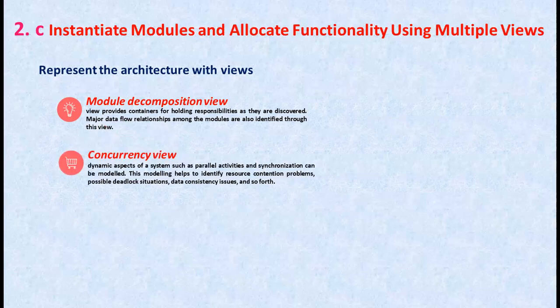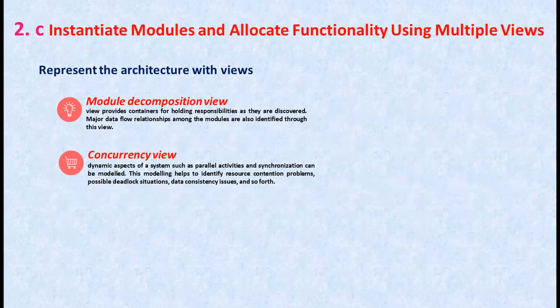So in the concurrency view, the dynamic aspects of the system, such as parallel activities and synchronization, can be modeled. So here the modeling helps to identify resource contention problems, possible deadlock situations, data consistency issues and so forth.